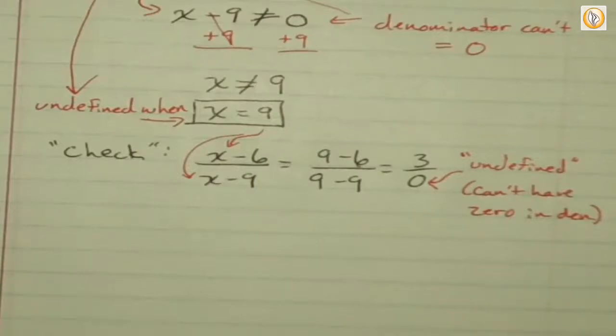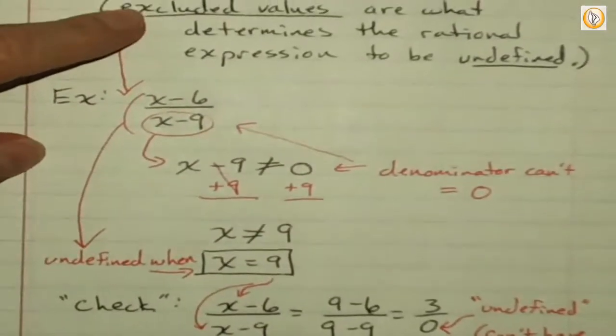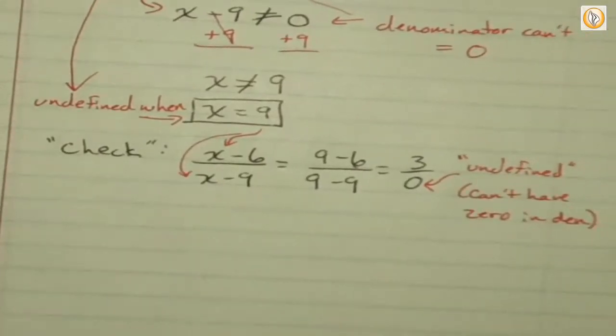What they'll say is, what is the excluded value? Excluded meaning x can be any value but this. If you exclude someone, you're leaving them out. If you exclude Dr. Pepper out of your choices of drinks, you're leaving out Dr. Pepper.